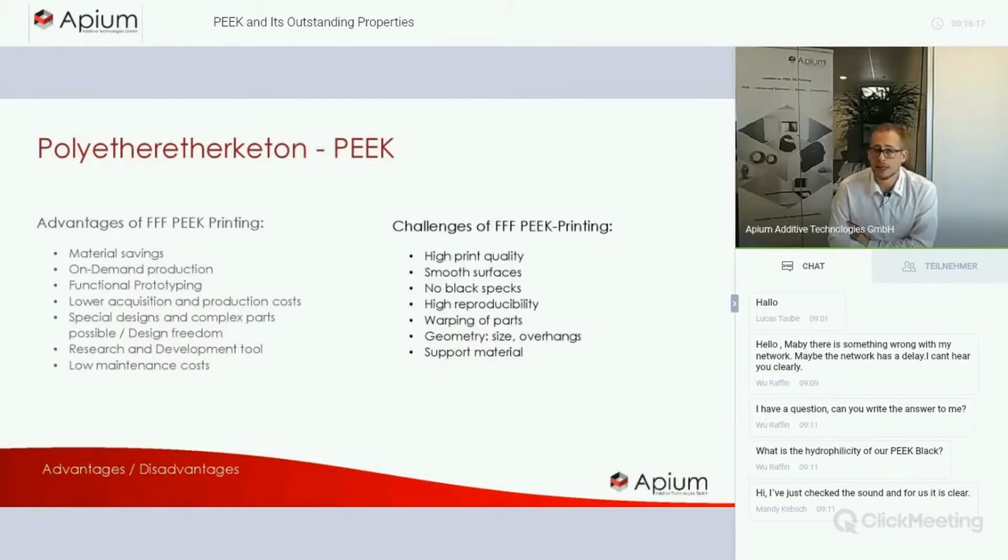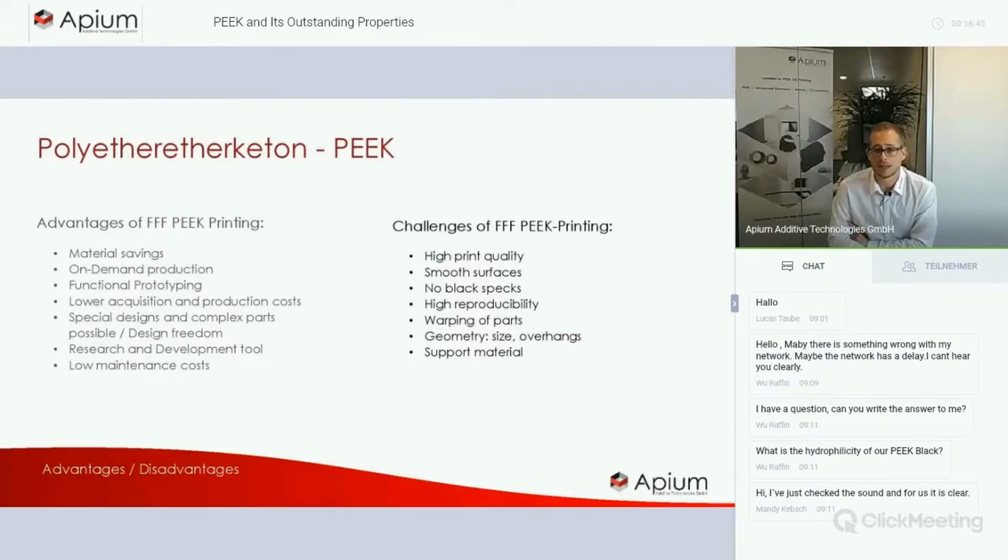The challenges we have when it comes to FFF PEEK printing: what we want to have, and I think you too, is high print quality and smooth surfaces, no black specks. These black specks are some kind of vitrification that takes place when the material is exposed to high temperatures for too long a time.